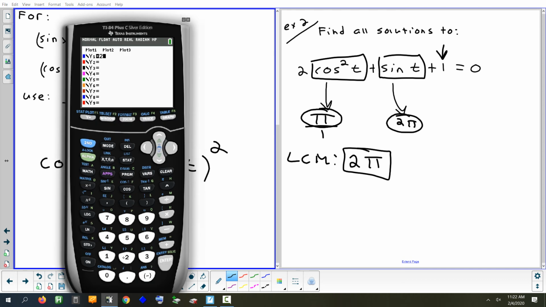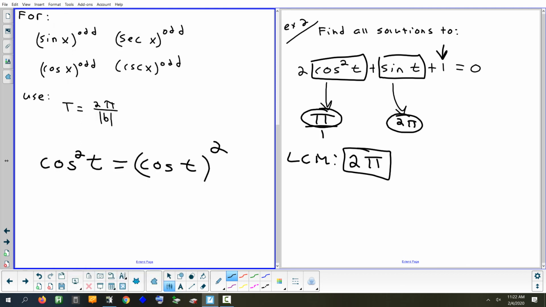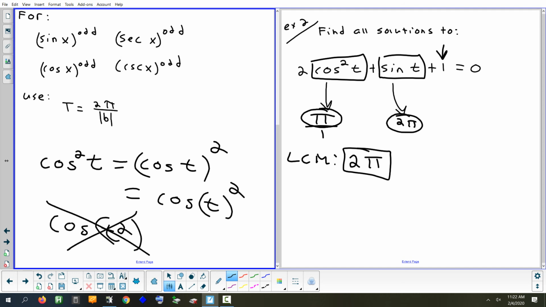So 2 cosine x squared. Okay? Or this is also the same thing. Depending on your calculator, it might look either way. What you don't want to do is this. That is not the same thing. That means take t, square it, and then take the cosine of that number. No. You want to take the cosine of the number first, and then square it at the end. That's the order of operations that's happening.